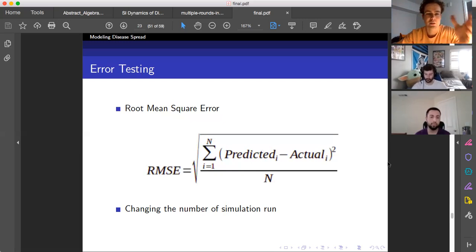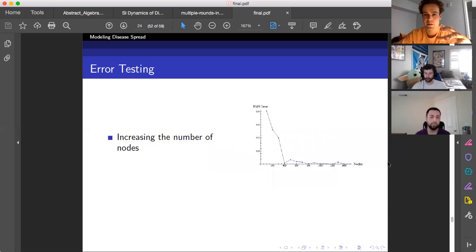Then we turned to two other things that might increase the accuracy of our models. And that was increasing the number of nodes. So in the simulation, if we increase the number of nodes, will our models match better, per se?